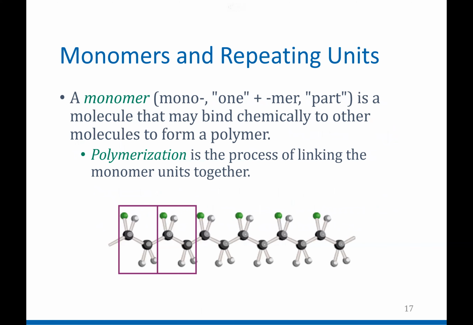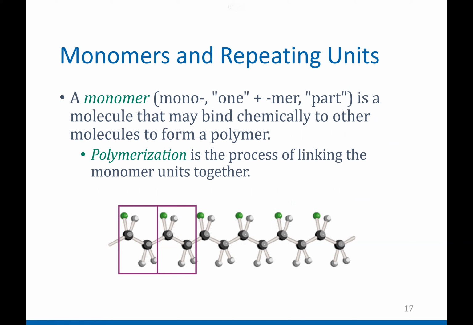So a monomer, mono meaning one, mer meaning part, is a molecule that may bind chemically to other monomers. So they can be fairly reactive. They might need special conditions to react, so maybe heat, maybe light, maybe an acid, maybe a base, or something to help them react.